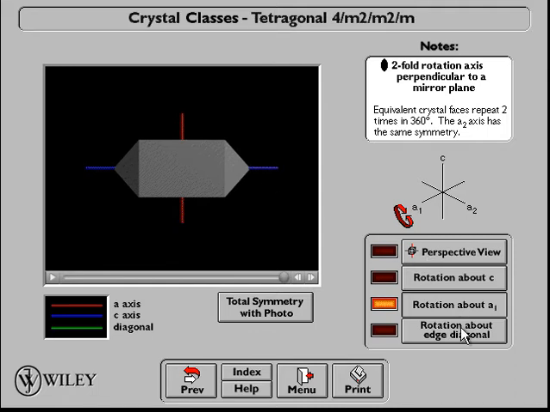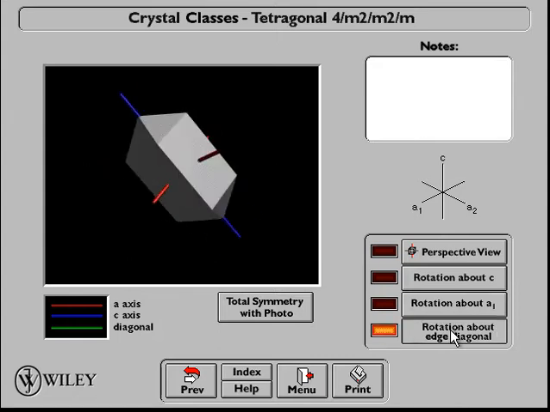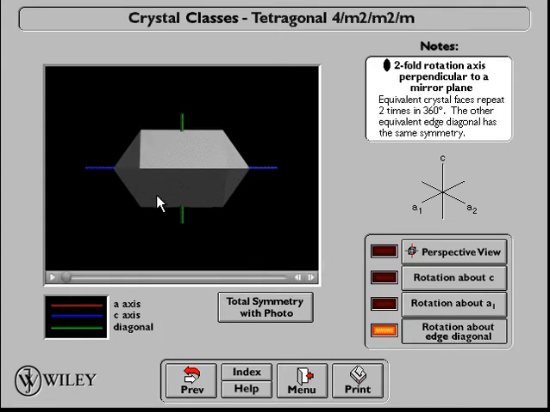So now we are going to the rotation about the edge diagonal. Here we have the edge diagonal, and here also we have the edge diagonal, the green one. We have here a twofold rotation axis perpendicular to the mirror plane. Equivalent crystal faces repeat 2 times in 360 degrees.